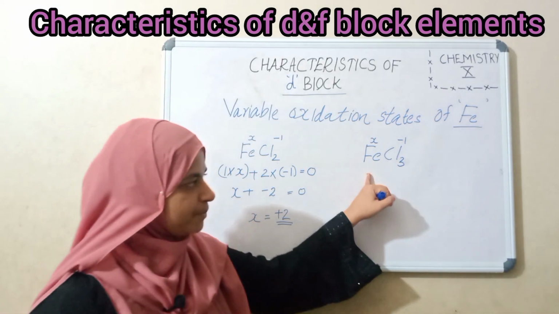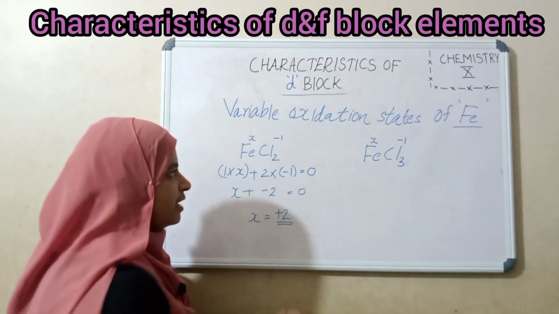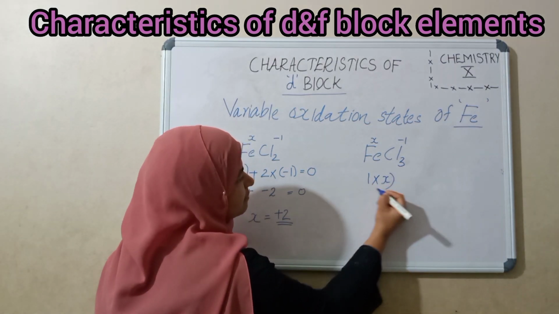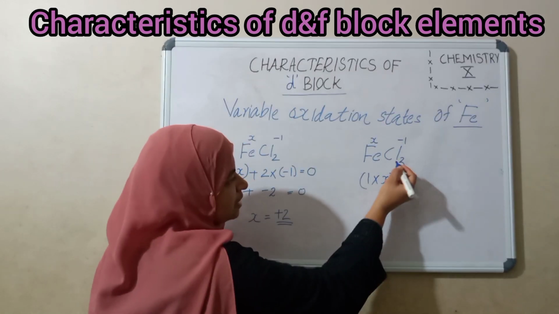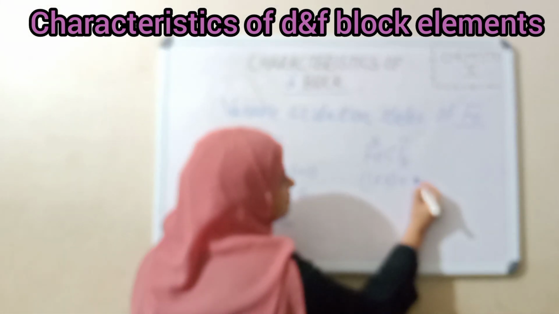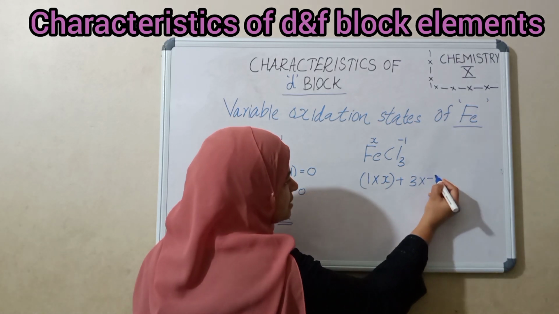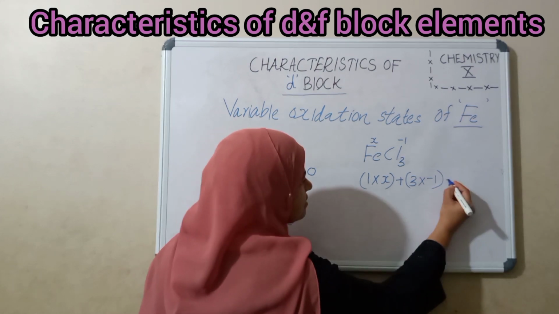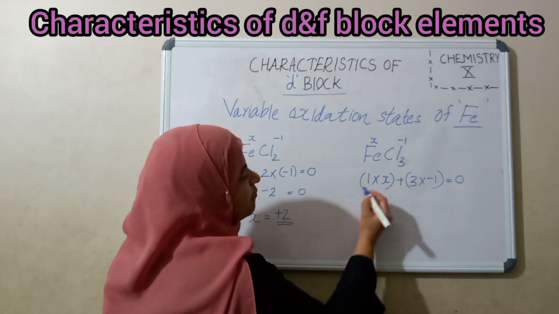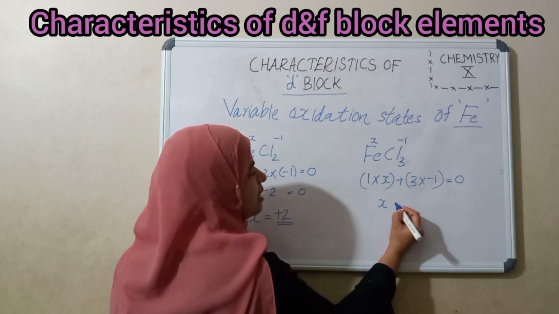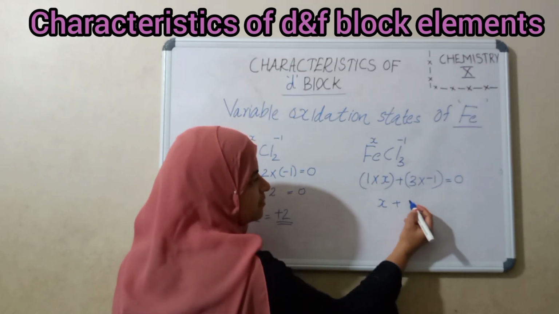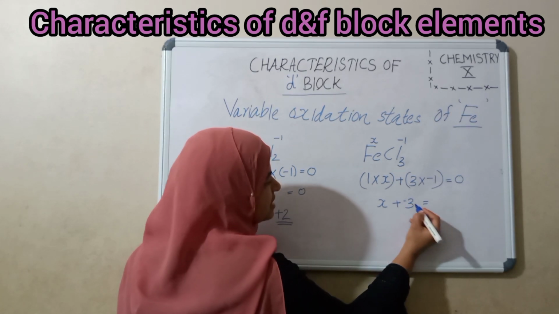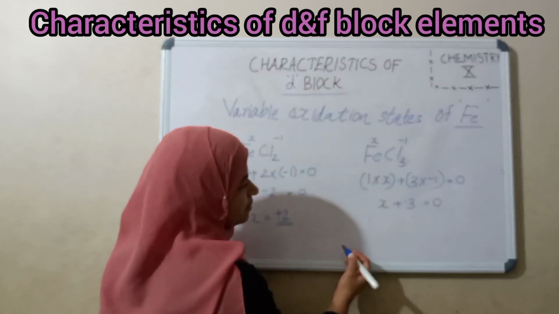Here, the oxidation state of iron is +2. Then the other example, ferric chloride. Here also, one iron atom, 1 into X, plus 3 chlorine atoms, therefore 3 into -1. The sum of these must be 0. 1 into X plus 3 into -1, that is -3, equals 0.